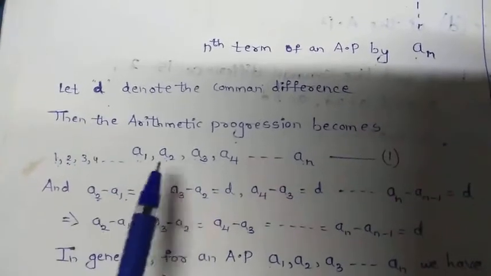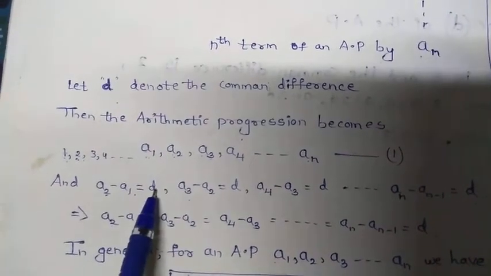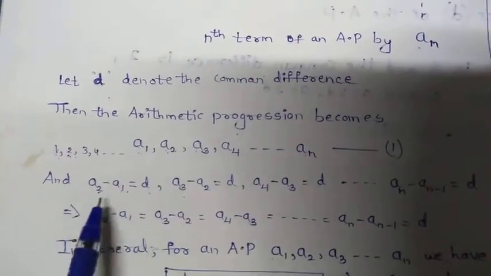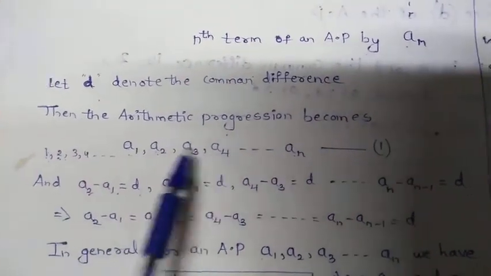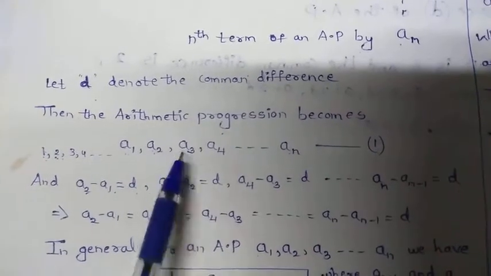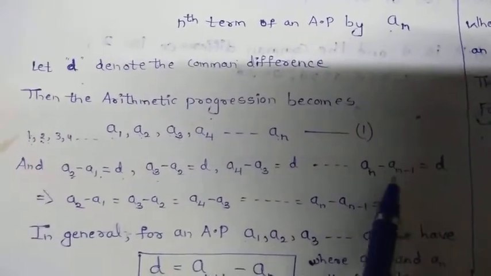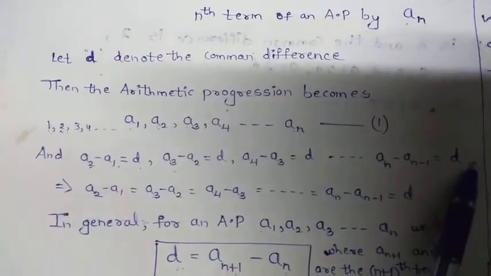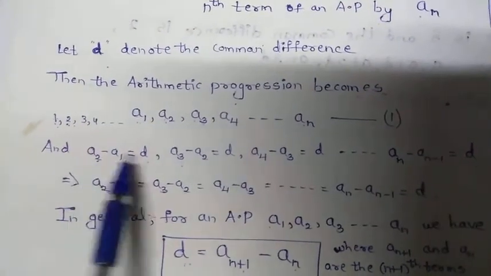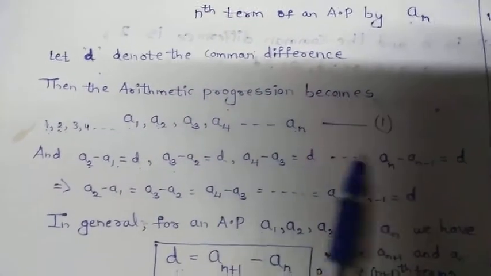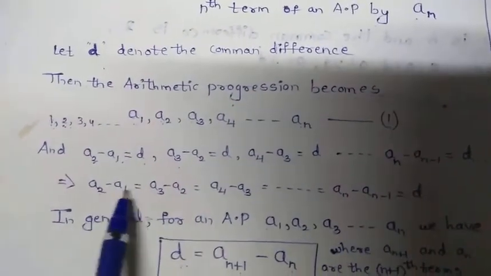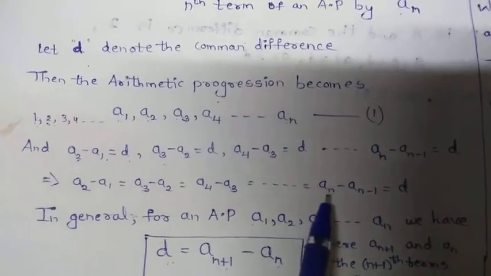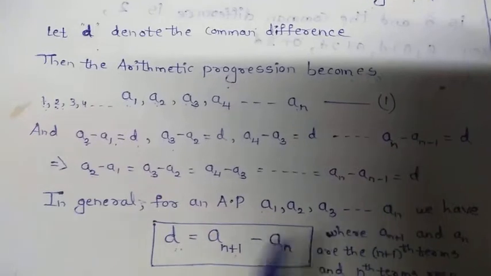And since we know that the common difference is obtained by subtracting the first term from the second term, we have written a2 minus a1 equals d, a3 minus a2 equals d, a4 minus a3 equals d and so on up to an minus an minus 1 equals d. And since the RHS of all these equations are equal to d, I will write all these terms directly equal to d, that is a2 minus a1 equals a3 minus a2 equals a4 minus a3 equals and so on up to an minus an minus 1 equals d.